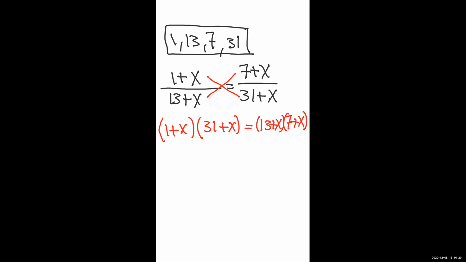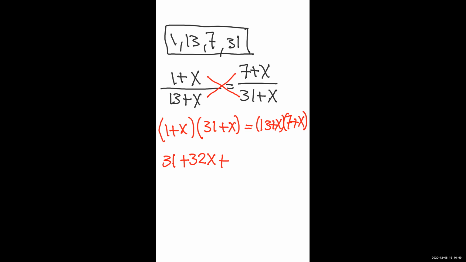Now the first term, 1 plus x times 31 plus x. First times first, so 31. Then the product of means and the extremes of this one, it's 31x and 1x, so this means 32x.